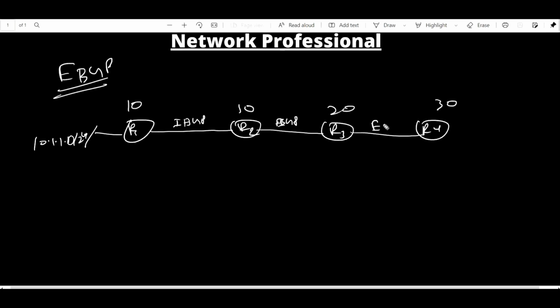Here is eBGP. So R1 will advertise this prefix to R2 with prefix 10.1.1.0/24, right?